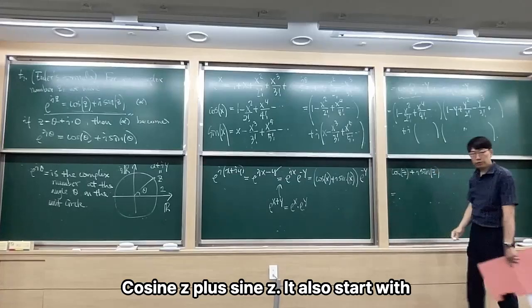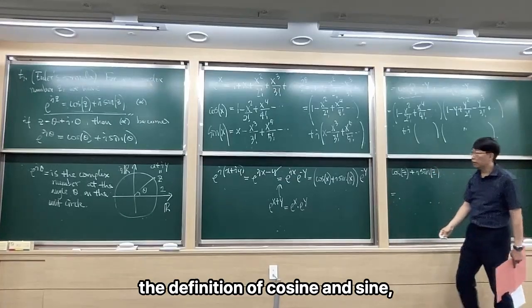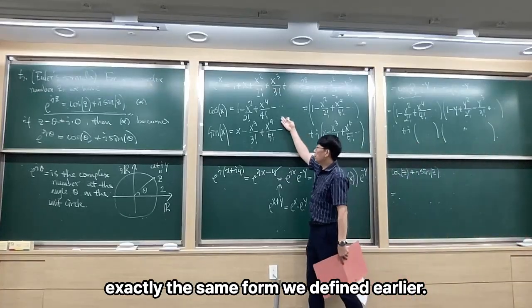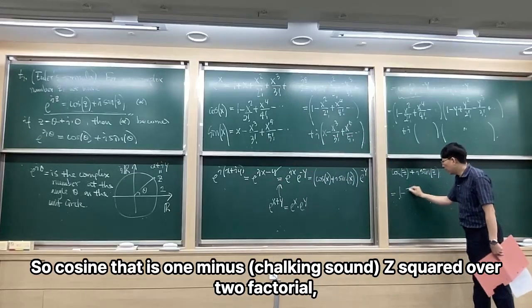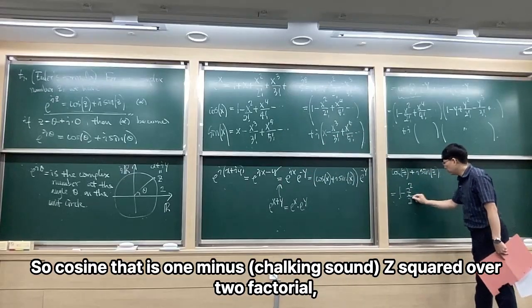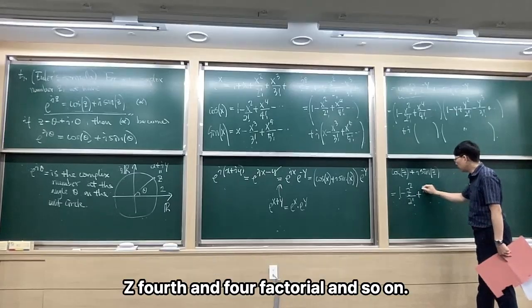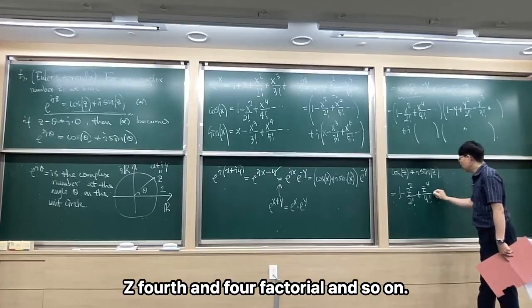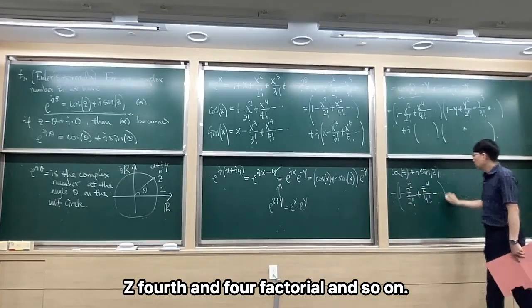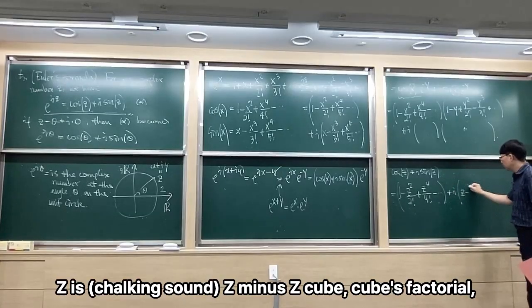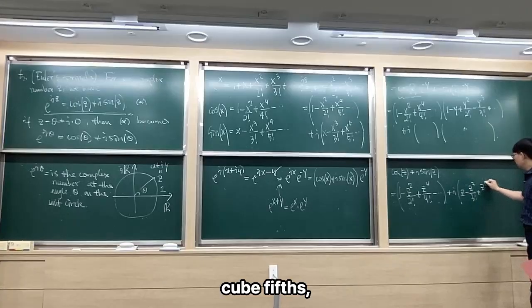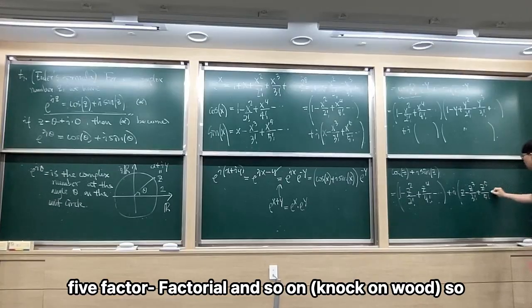It also starts with the definition of cosine and sine, exactly the same form we defined earlier. So cosine z is 1 minus z squared over 2 factorial, plus z to the fourth over 4 factorial, and so on. And then plus i sine z, which is z minus z cubed over 3 factorial, plus z to the fifth over 5 factorial, and so on.